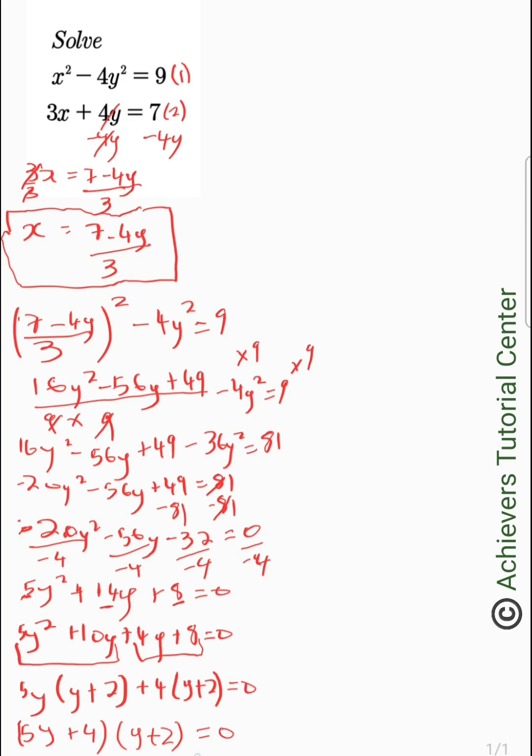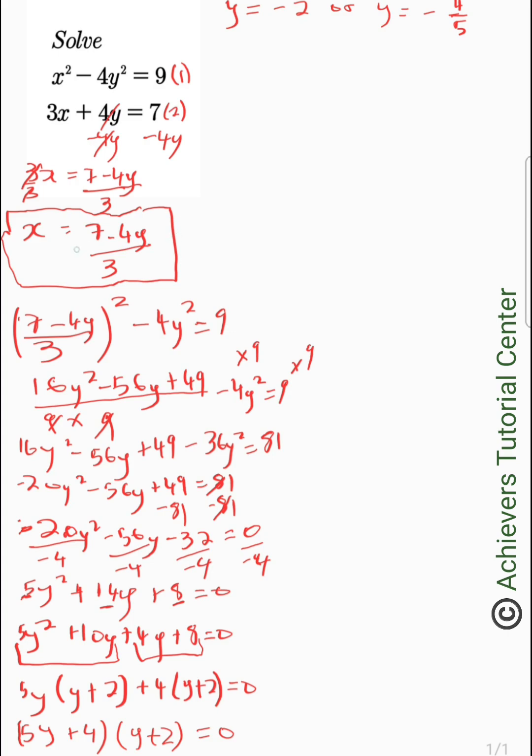So from this we can see that y equals -2, or y equals -4/5. So now that we have found the values of y, now let's find the values of x.